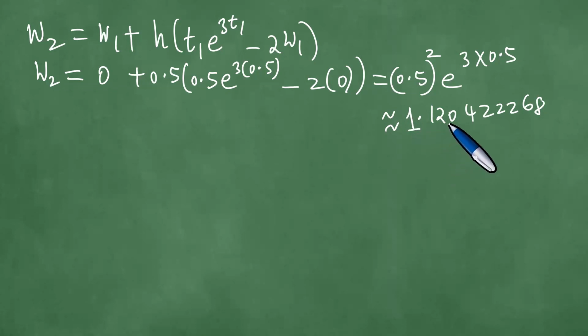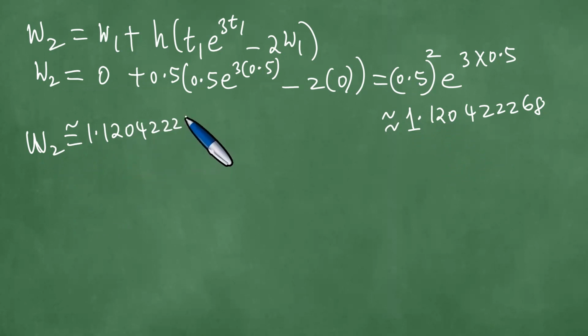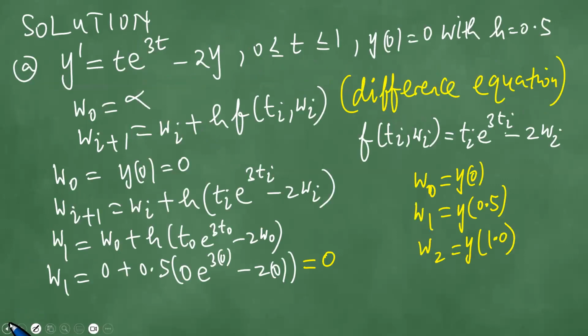So we are 1.1204 three of them, then six. Okay, yeah. Right, so we got W2. So yeah, W2 is approximately 1.1204222, then 68.